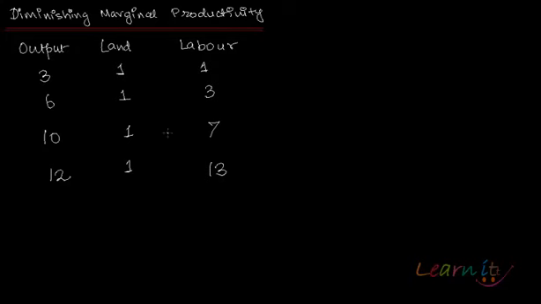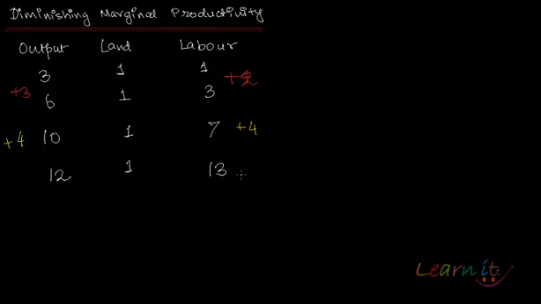Fine. So what is happening? If we look at it, when 2 units of labor were added to the first unit, output increased by 3 units. Then 4 units of labor were added, output increased by 4 units.